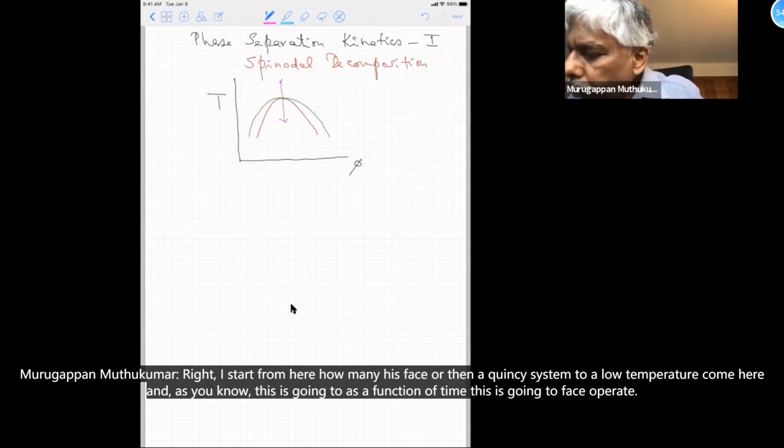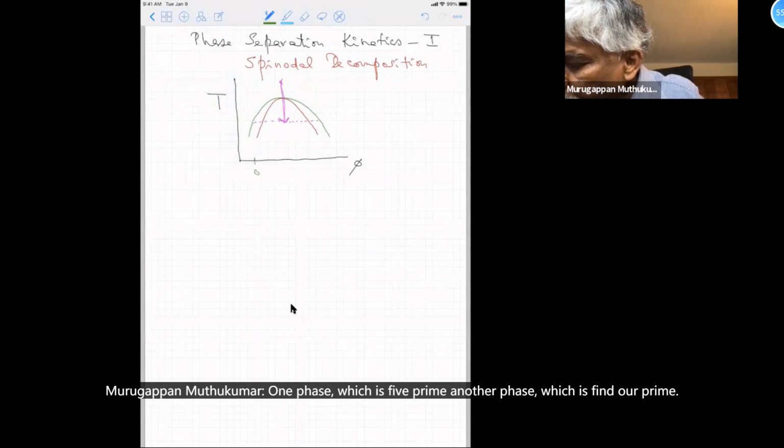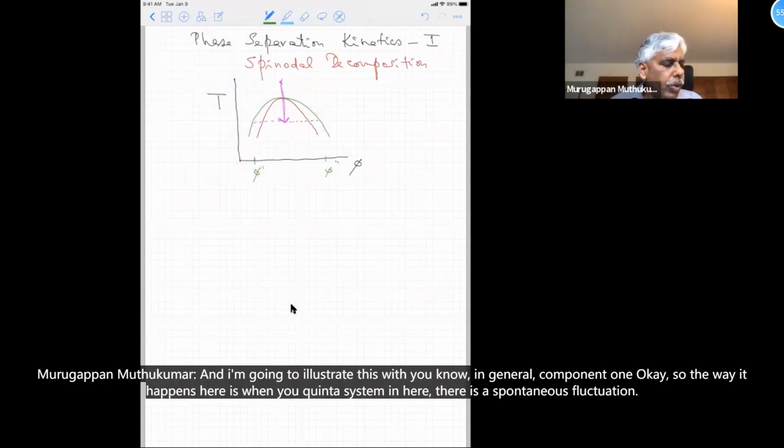I start from here, homogeneous phase, and then I quench the system to low temperature. I come here, and as a function of time, this is going to phase separate to give me one phase which is phi prime, another phase which is phi double prime. And I'm going to illustrate this with, in general, component 1.